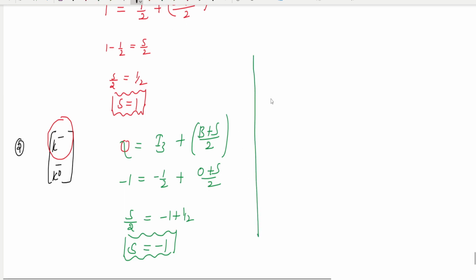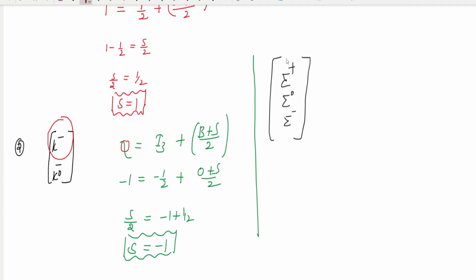Next I want to check the triplet component strangeness number. In this triplet component, I'm going to check this value. Write down the formula: Q equal to I3 plus B plus S divided by 2.